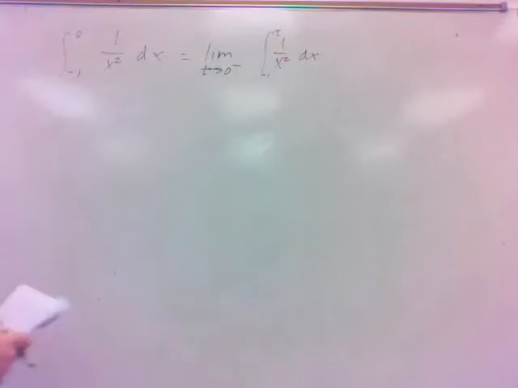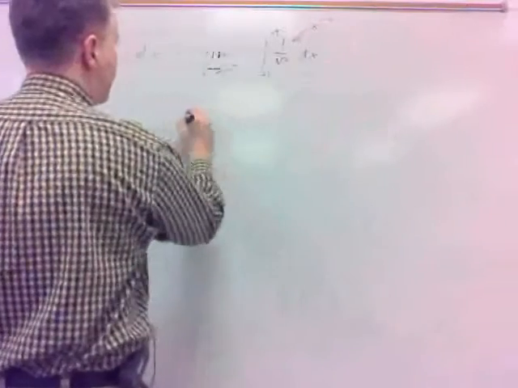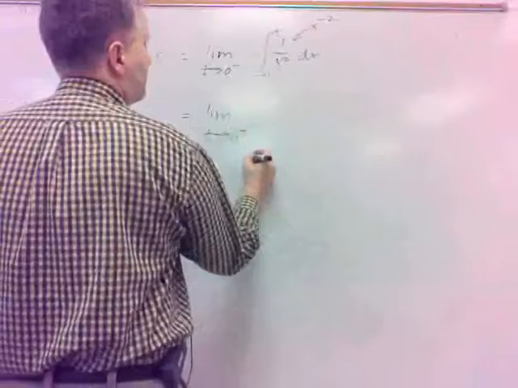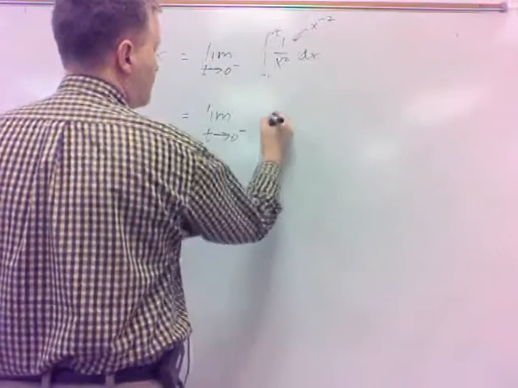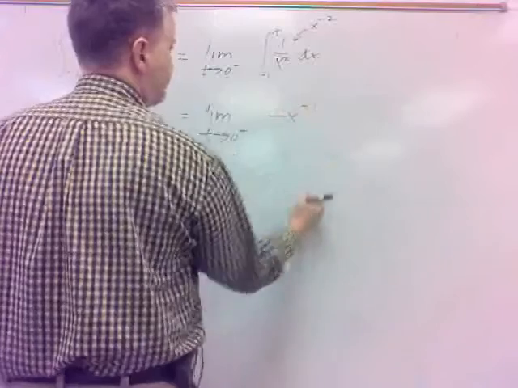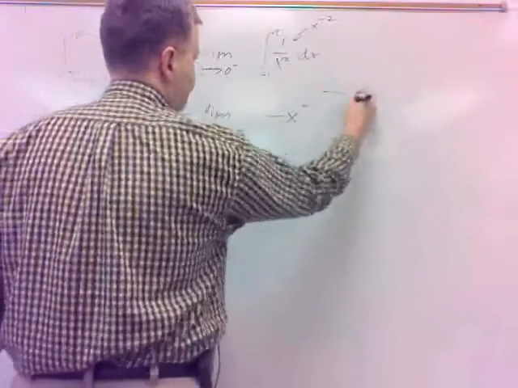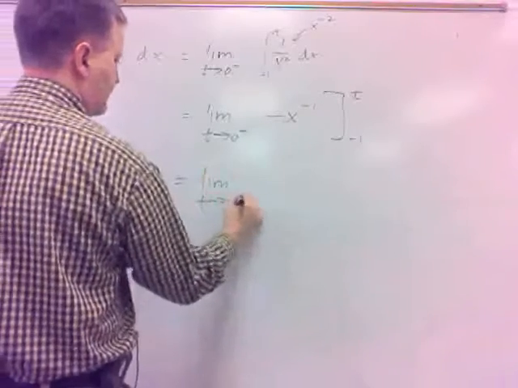Well, that's x to the negative 2, so I can just do a little antiderivative power rule there. It'd be negative 1 x to the negative 1, negative 1 to t. Zero from the left.